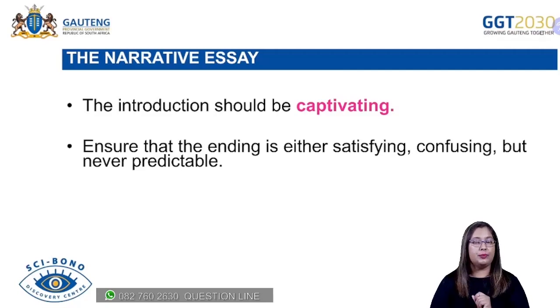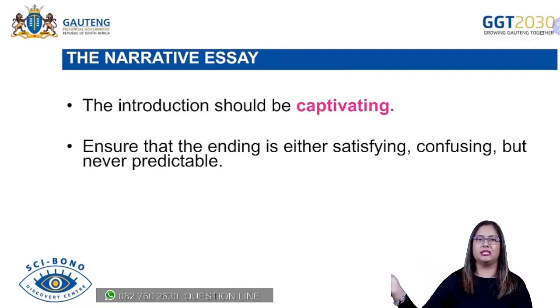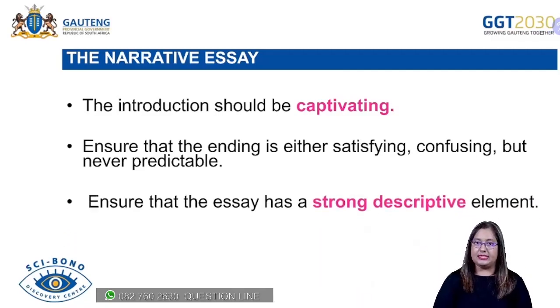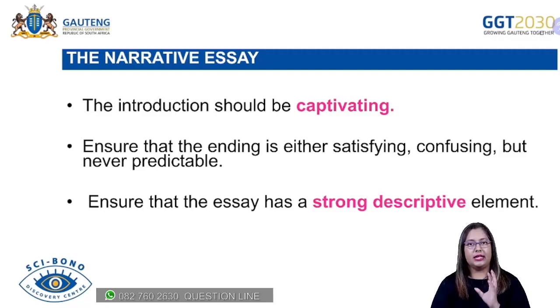So it should not be predictable. You can leave us in the lurch to think further if you want to, but don't make us think that, okay, he said A, B, C, D, and therefore we will get this point, which is Z. Don't do that, okay? So please take the time when you are writing this essay to ensure that you keep us engaged throughout.